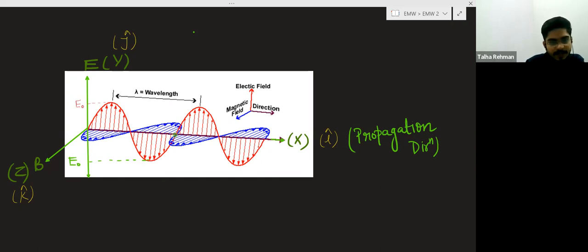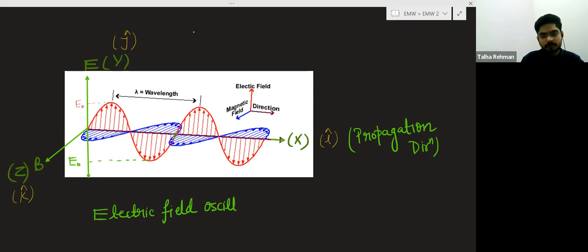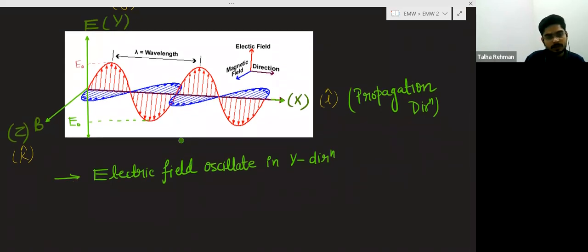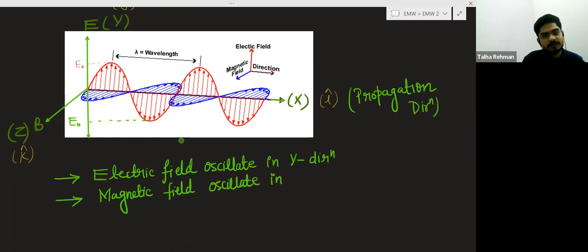So you can say that the electric field oscillates in the y direction, and the magnetic field oscillates in which direction?